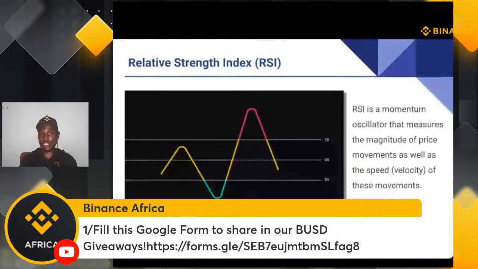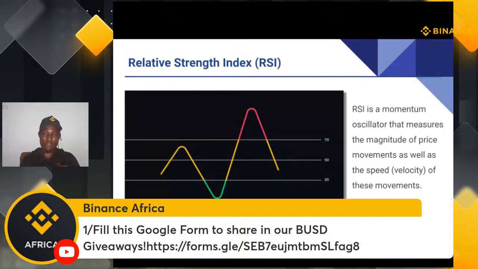Aside from the RSI scores of 30 and 70, which may suggest potentially oversold and overbought market conditions, traders also use RSI for support and resistance. I don't know if that is very clear.